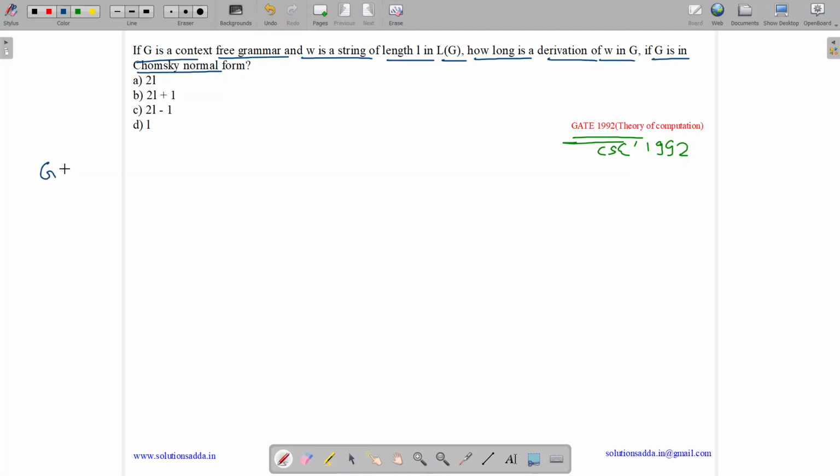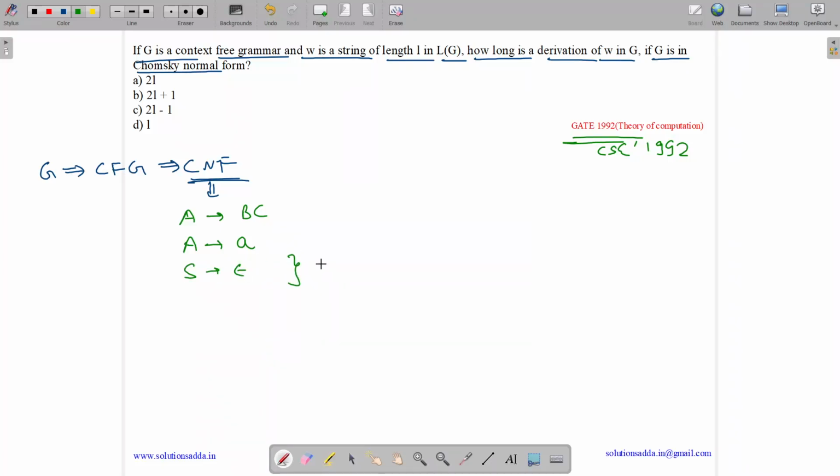Okay, so we have been given a grammar G, which is a context-free grammar, and it is in Chomsky normal form. So a grammar G is said to be in Chomsky normal form if it has productions of the form A implies BC, A implies a, and S implies epsilon.